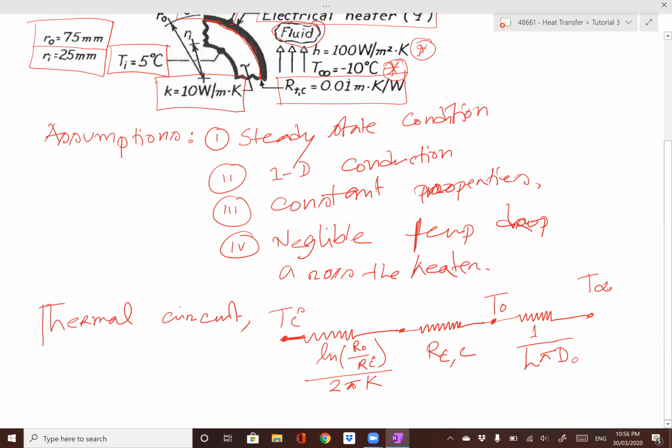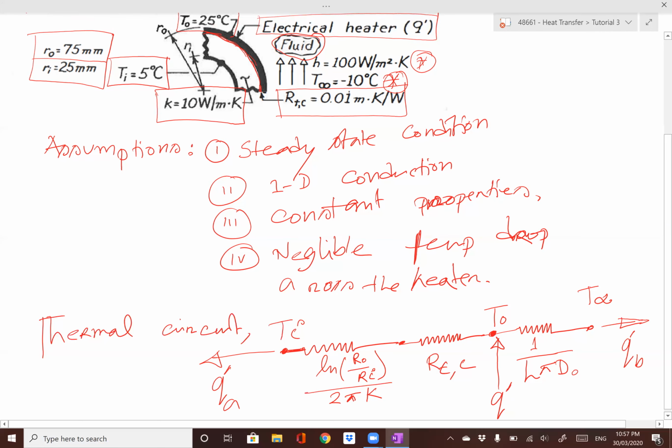So here the heat source is the heater, so heat is input here per unit length, and this heat will flow in two directions.